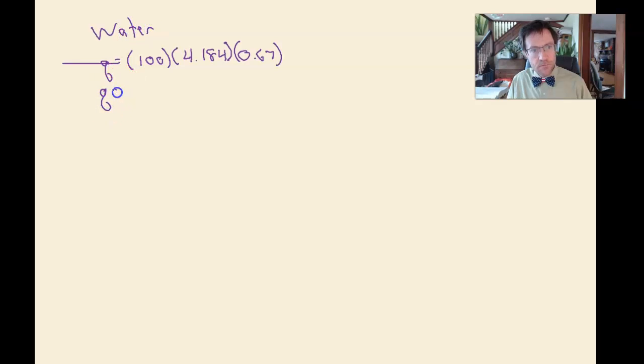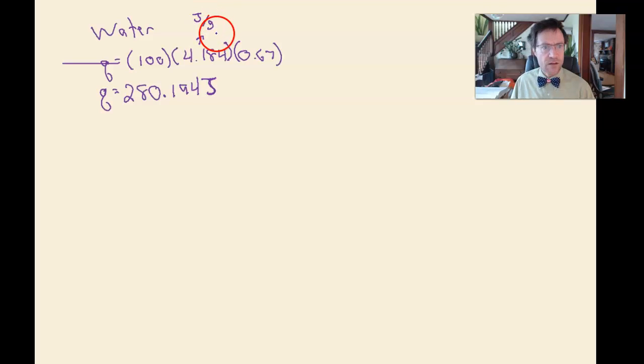So Q equals 100 times 4.184 times 0.67. All right, I got 280.194. This is regular old joules. Let's remember that, because our S is joules per gram, so we don't want to assume that we have kilojoules. So that was step 1 for water.